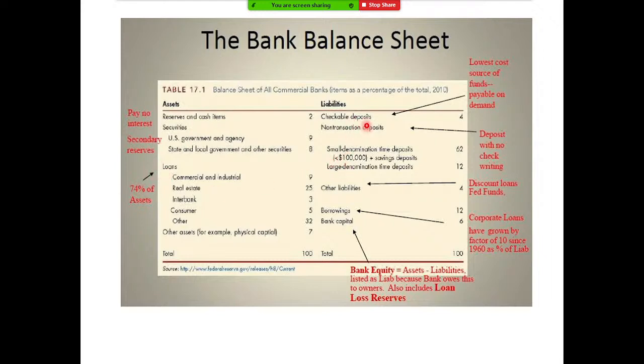When we look at the deposits: checkable deposits, my current account; non-transaction deposits, deposits with no check writing; small denomination time deposits, other liabilities, borrowings, and bank capital.